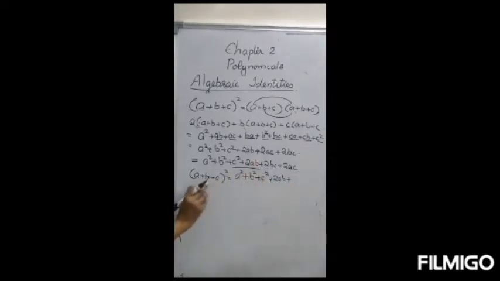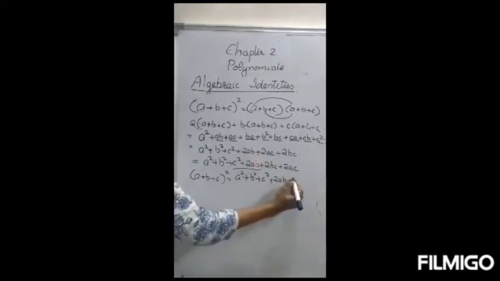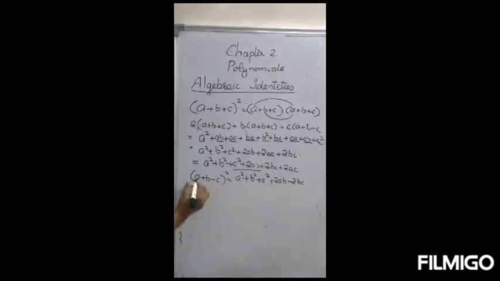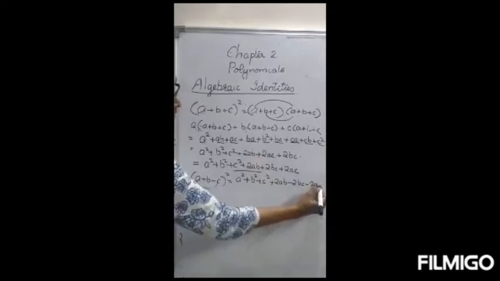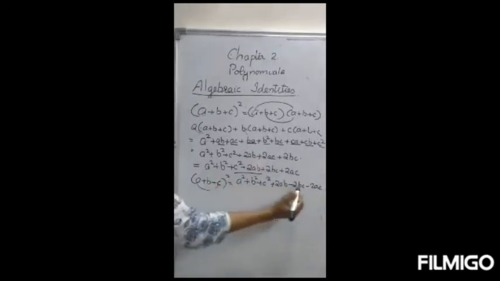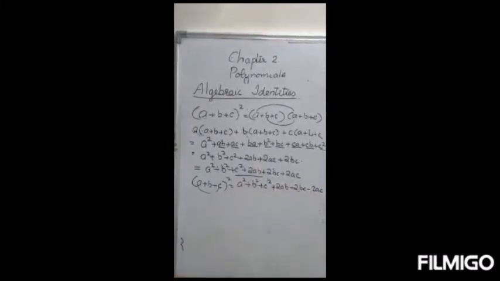Plus 2bc, but here c is negative, so this is minus 2bc, and the last one, ac, is also minus 2ac. That means wherever minus c comes in a term, that term will be minus.